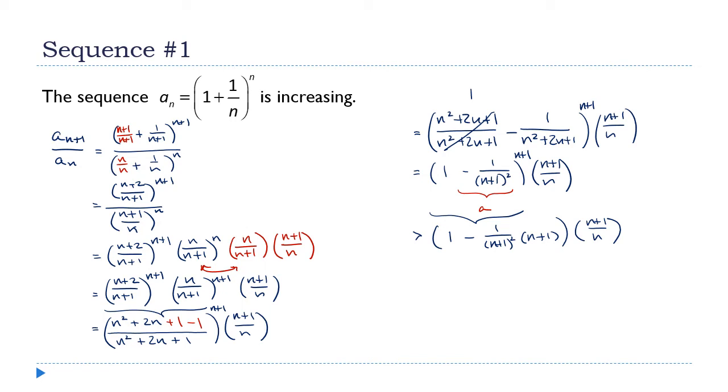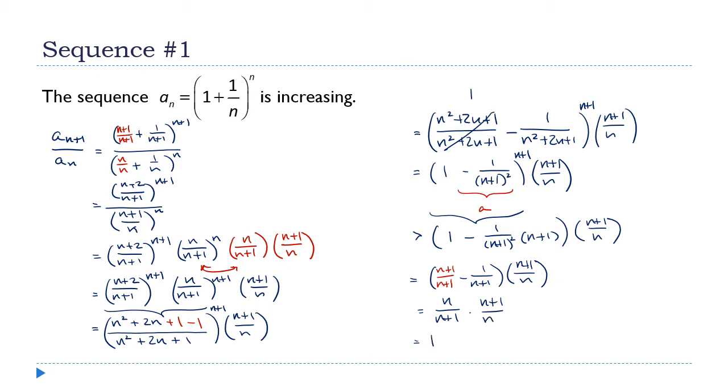We get some canceling inside the parentheses. This is 1 minus 1/(n+1), times (n+1)/n. Now, let's do a common denominator here. Let's make this (n+1)/(n+1). Look at what's about to happen. This is n/(n+1) times (n+1)/n, which is just 1.